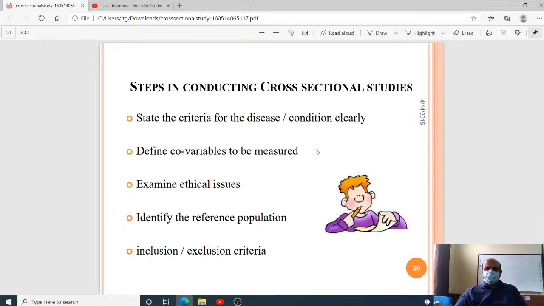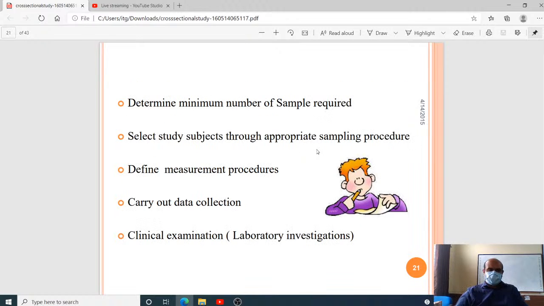Define covariables to be measured. Examine ethical issues. Identify the reference population. Then put inclusion and exclusion criteria. Determine the minimum number of samples required. Select study subjects through an appropriate sampling procedure.